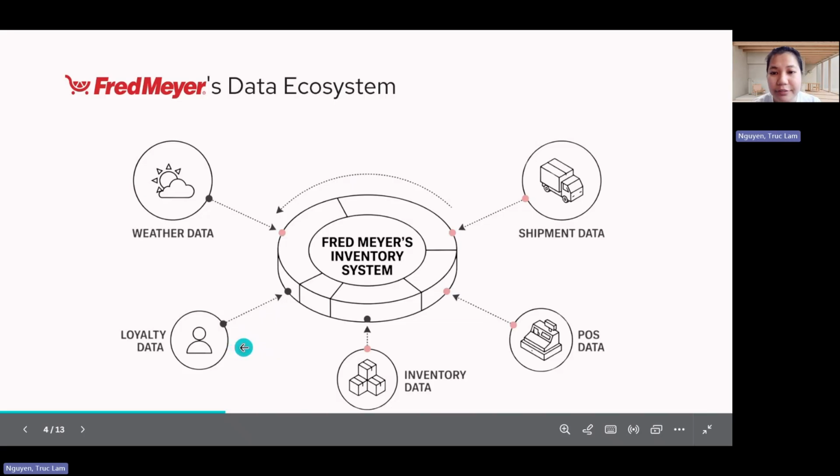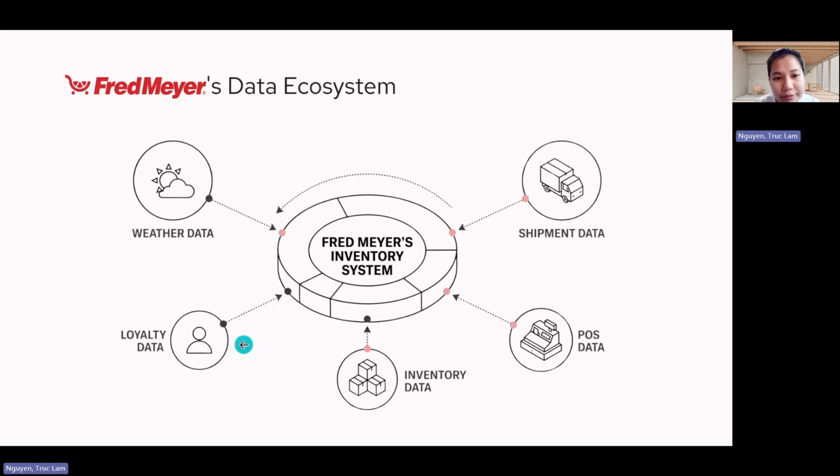It can help identify customer purchasing patterns, such as which products are often bought together or which products are popular in certain locations. And weather data could also be useful because it can affect demand. For example, hot weather may increase sales of bottled water and ice cream, and cold weather may increase the demand for soup or hot beverages.